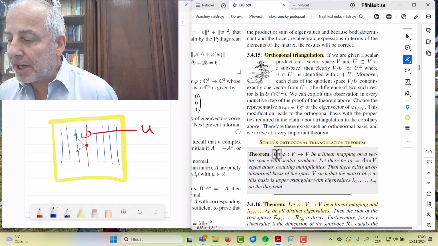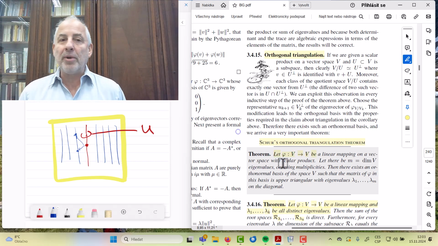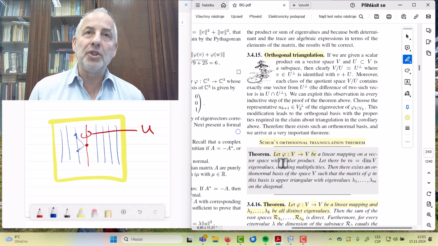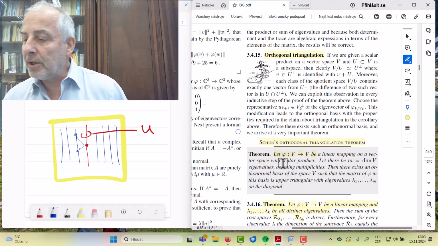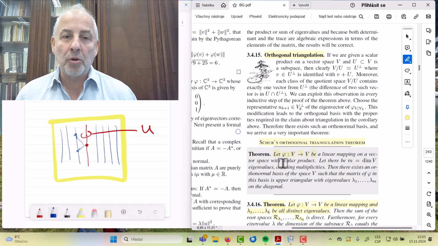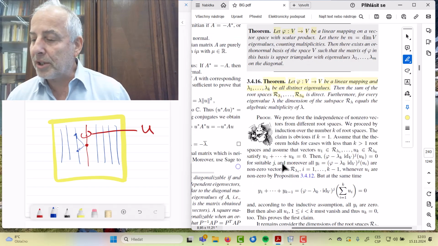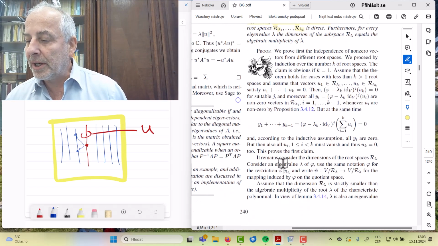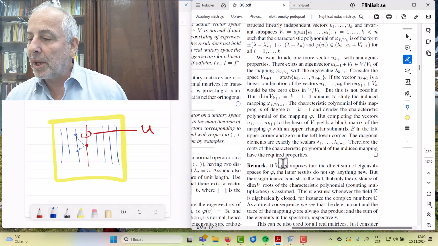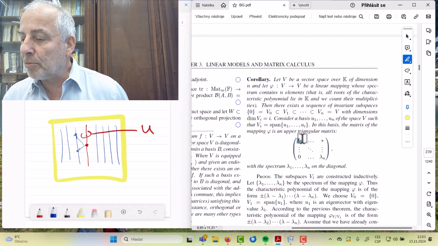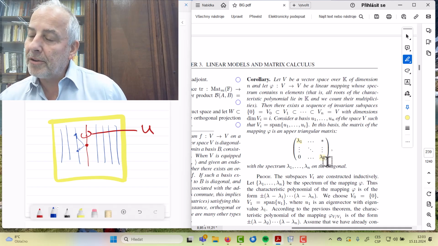This one says that if you start with any linear mapping on a vector space with scalar product, either real or unitary, then you can always find an orthonormal basis such that the matrix will be upper triangular and the eigenvalues will be on the diagonal. So there will be the eigenvalues there, and it will be upper triangular.